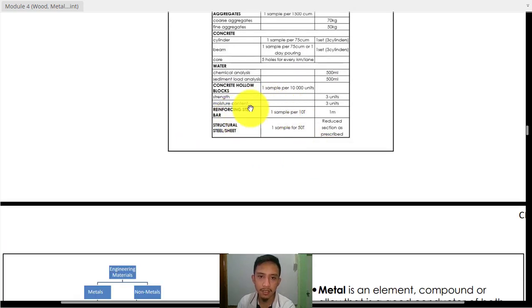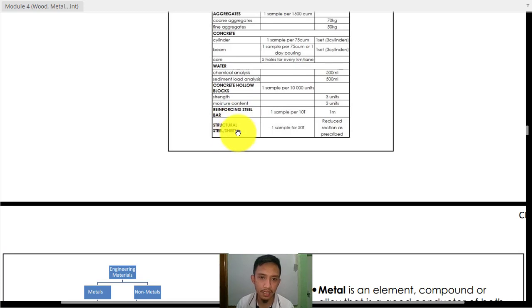Reinforcement steel. So we are now on steel. 1 sample per 10 tons, so that is per weight. We need to test that, and your sample is 1 meter. If you say reinforcing steel bar, these are your reinforcing bars.